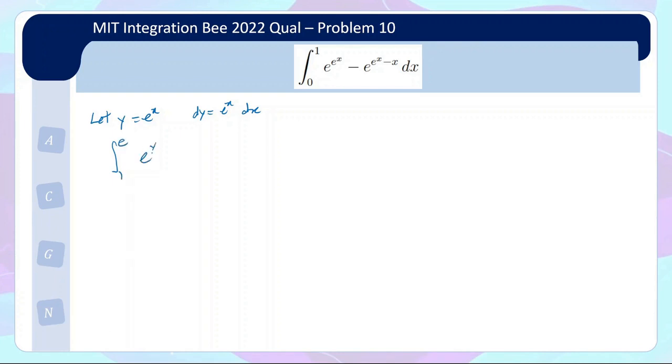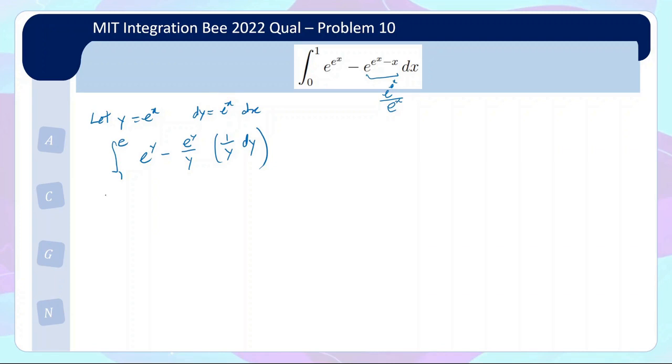So this is e to the y minus, what is this thing? This thing is e to the x over e to the x, so this is e to the y over y. And then you have this one, e to the x dx, so this is 1 over y dy, because dx is basically dy over e to the x, so it's dy over y.